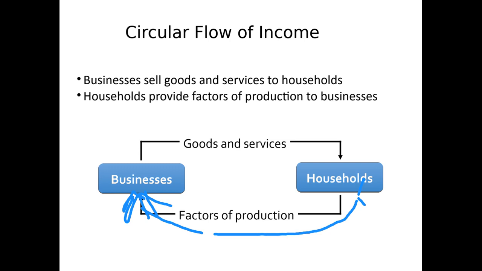So these businesses are then giving these goods and services to households, not for free. Of course, they are selling these goods and services to these households. So you can see the circular flow, right? The goods and services and money are moving between these two sectors.